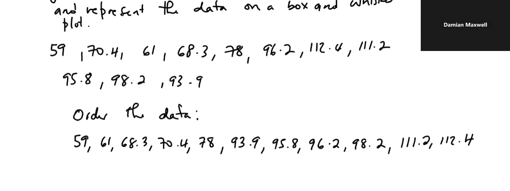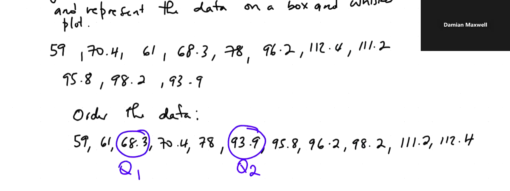So just locate the middle. Is this the middle? You have an equal number of data values on both sides: 1, 2, 3, 4, 5, and 1, 2, 3, 4, 5. Yes, so this would be the middle. That's your Q2 or your median. Now what you're going to do is look to your left and find the middle of that. 60... 61, yes, so this would be your Q1.